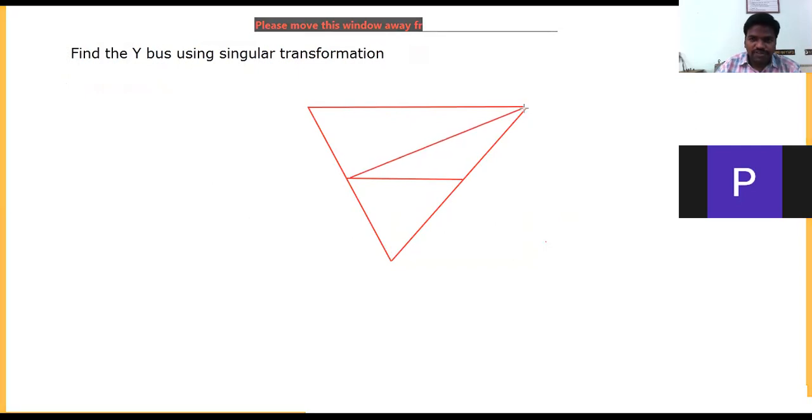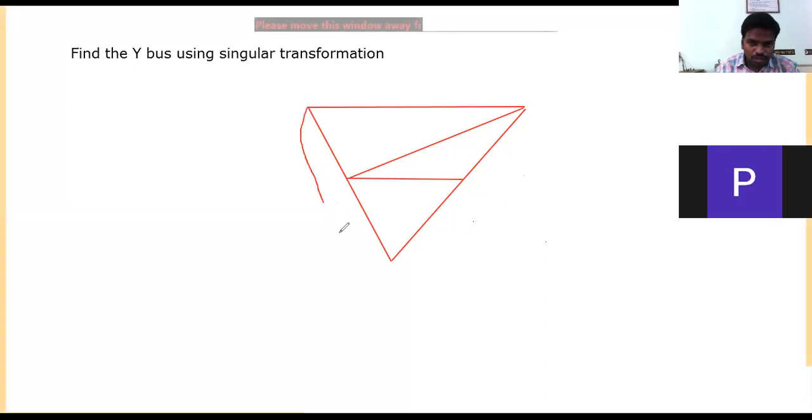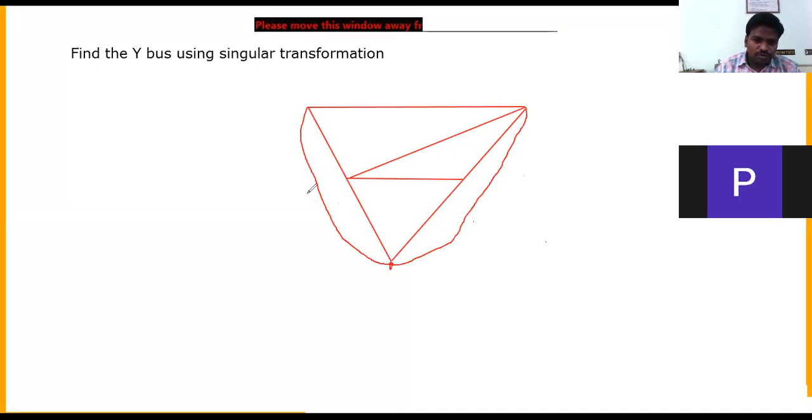For the same graph, you are asked to determine the Y bus using singular transformation, right? See, node 1, this is 0, this is 2, this is 3, these are nodes.